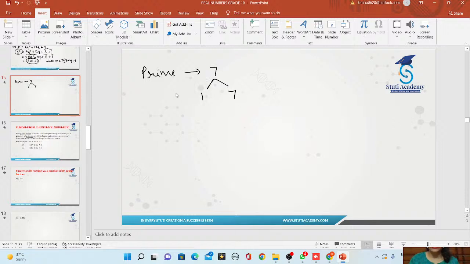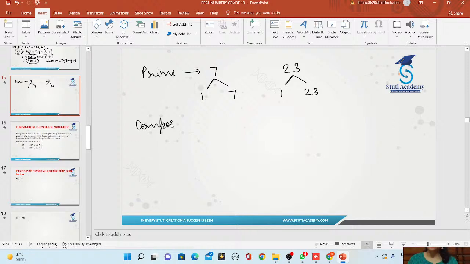Let's take 23. 23 comes in the table of 1 and in its own table, that's 23. So it has only two factors, 1 and the number itself. All prime numbers have just two factors, not more than two. The numbers having just two factors are called prime numbers.